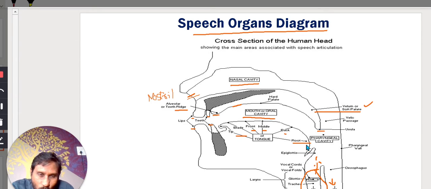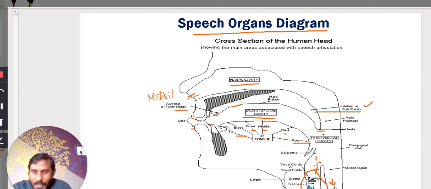So this is the roof of the tongue. This is another passage called the nasal passage. Air comes and goes like this or like this, through the oral cavity or nasal cavity.